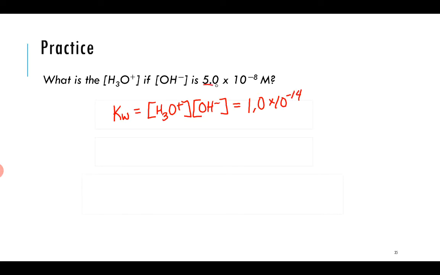I am told the molarity of OH minus, and I need to find my H3O+. So this is what I'm solving for. These two things are multiplied together, so if I'm trying to isolate the H3O+ on one side of the equation, I have to divide both sides by OH-.